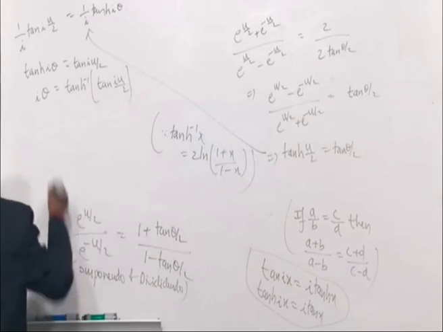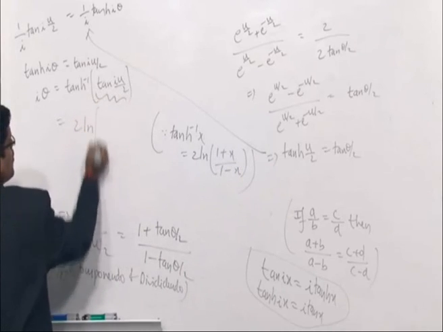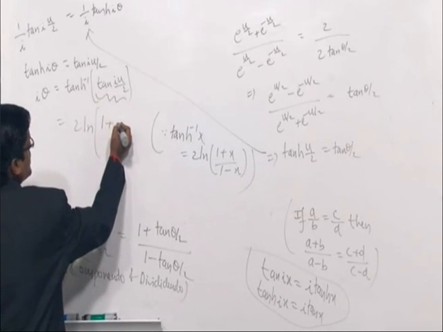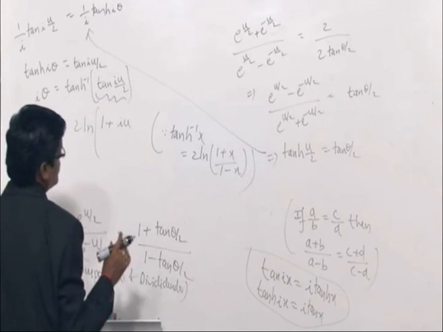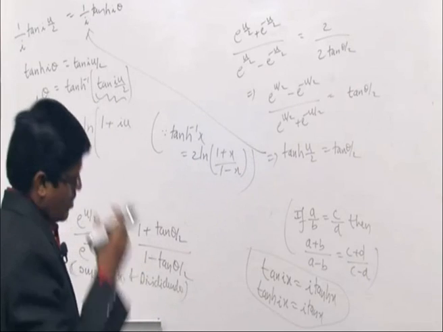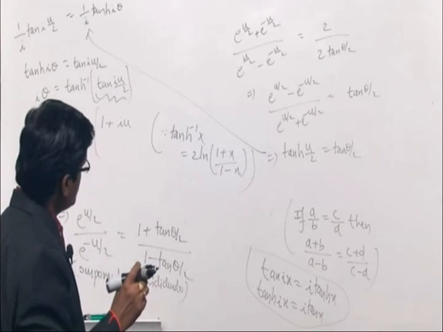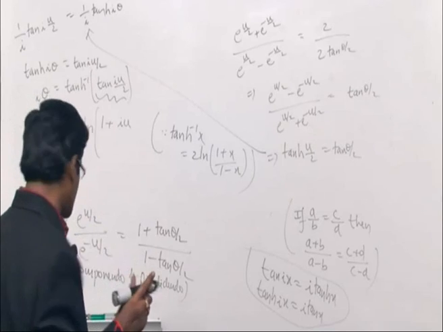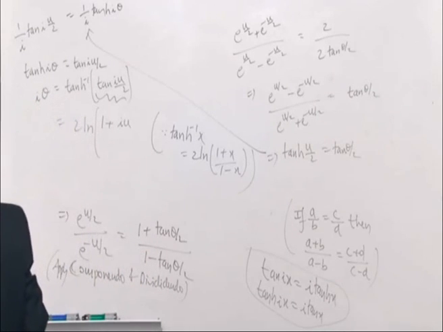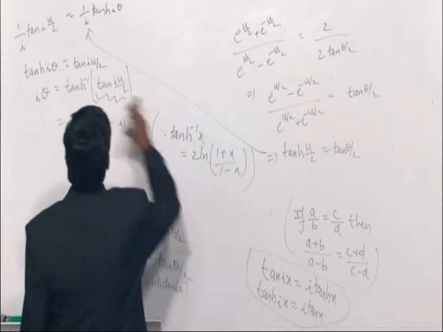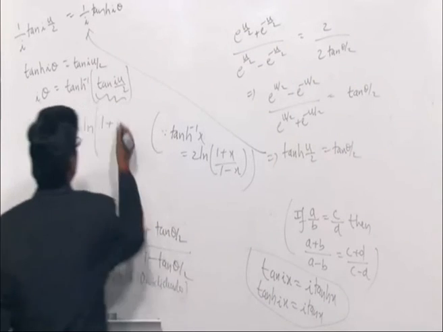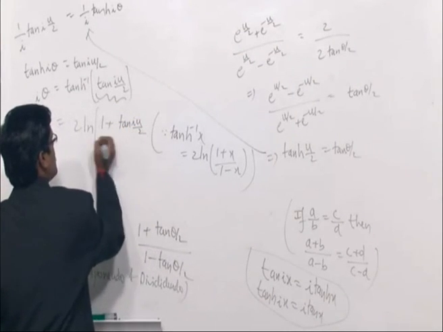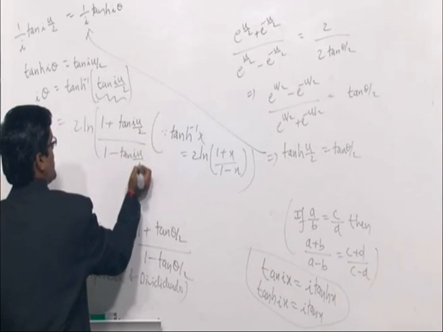So this is in the form of, taking this x, half ln of 1 plus x over 1 minus x. Here x means tan iu by 2, so this simplifies to 1 plus tan iu by 2 divided by 1 minus tan iu by 2, comparing with this formula.